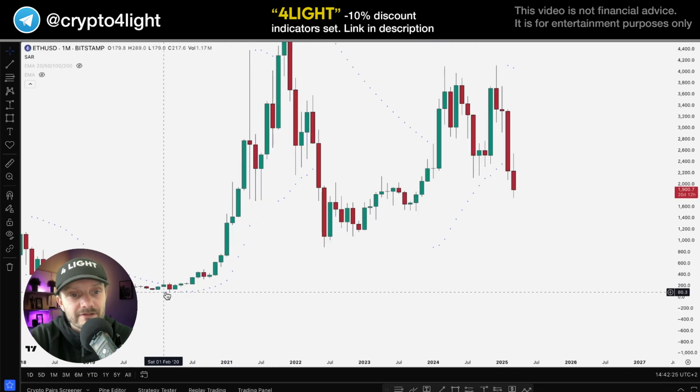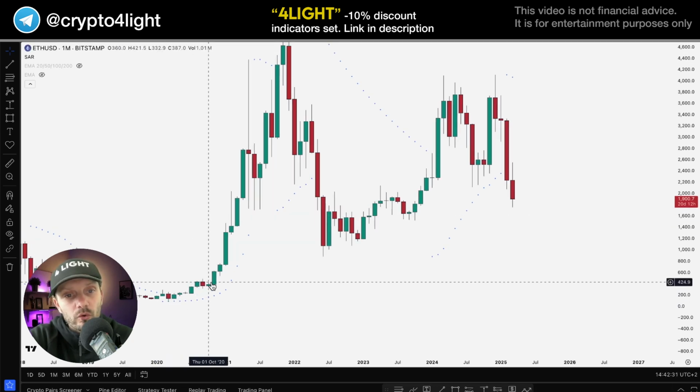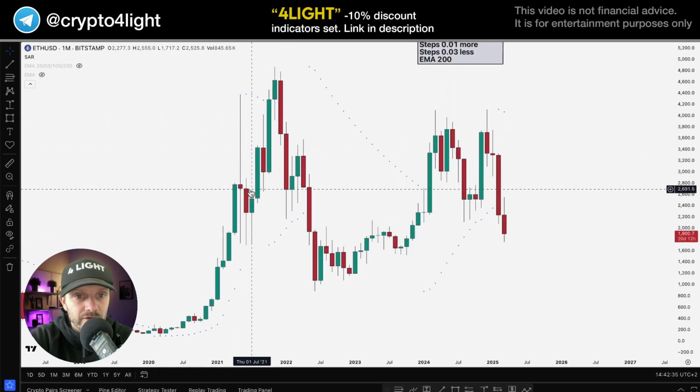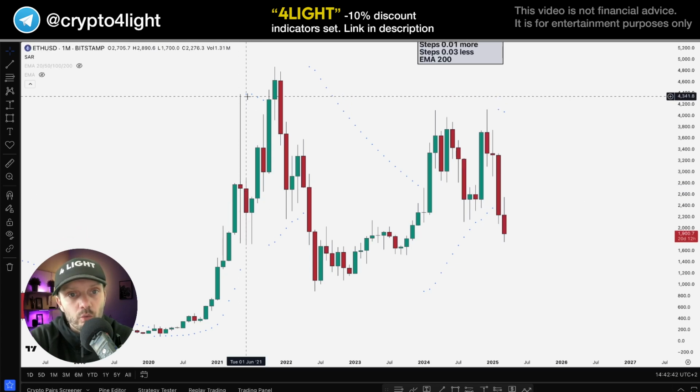So you could invest, for example, here or in March 2020 with the COVID dump, follow this move and sell around, I guess, here in June 2021, because in May you couldn't know we would get the new dot.